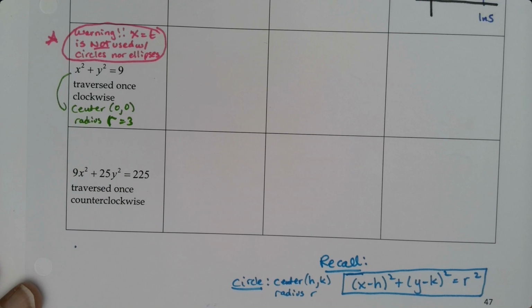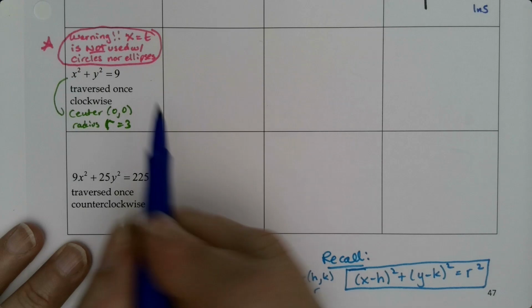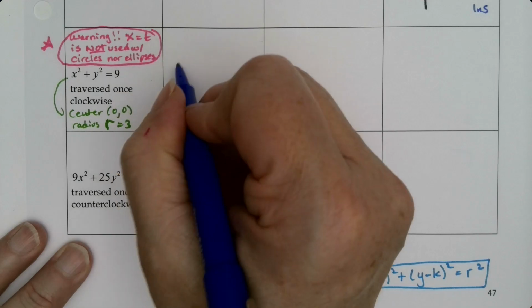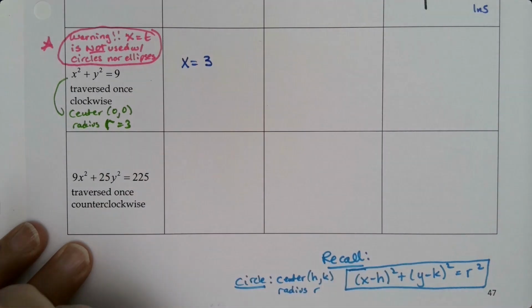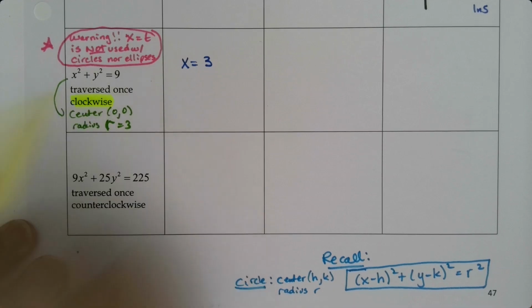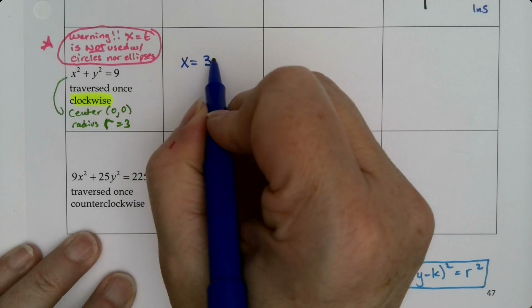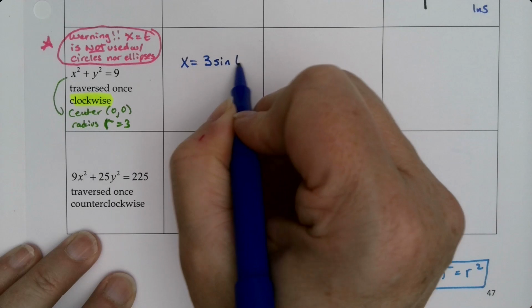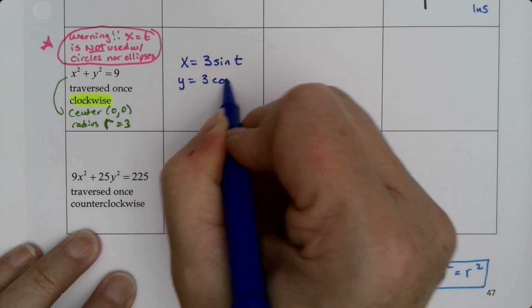All right. Then we learned in Calc 2 or pre-calc how to write those. They are x equals 3. Oh, and then look very carefully. Clockwise versus counterclockwise. So we learned that too. So since it's going clockwise, we actually use sine here and y equals 3 cosine here.